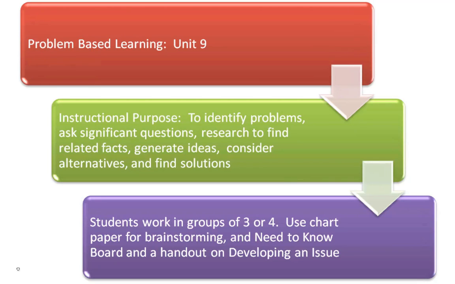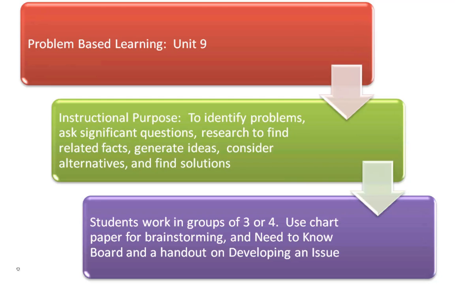An example we pulled from Unit 9, which was designed for 8th grade high ability students. And in this Unit 9, they looked extensively at inheritance problems and King Lear as their literature base. So the instructional purpose of the problem-based learning scenario that was in that unit was to be able to identify problems, to ask significant questions, to find out related facts, generate ideas, consider alternatives, and find solutions.